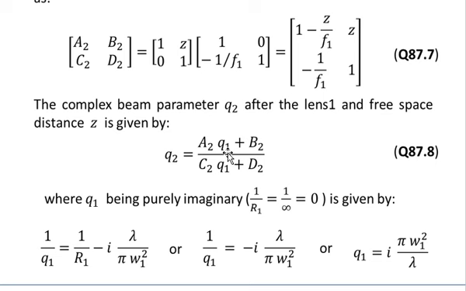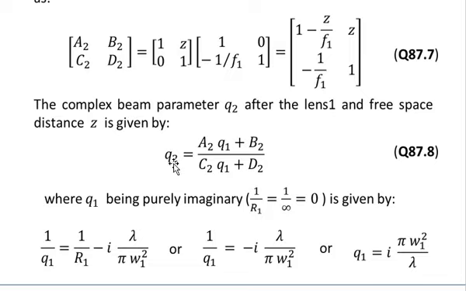And you know that when we set Q1 is equal to Q2 is equal to some value Q, it means that Q1 is the complex radius of curvature at the initial position, and Q2 is the complex radius of curvature after one round trip.